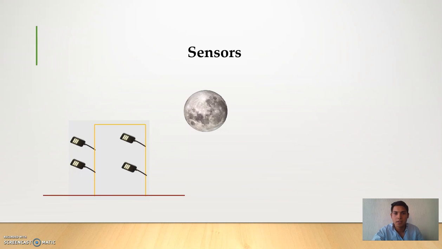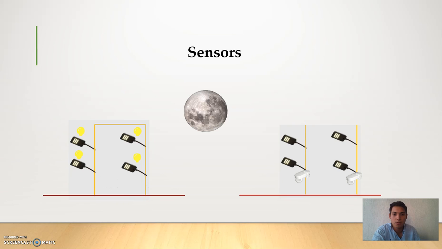The other proposal is to implement sensors. It is important to mention that for this, UdeC needs to make an extra investment to buy the sensors. So knowing that, we can see how the luminaires work and how they will work.